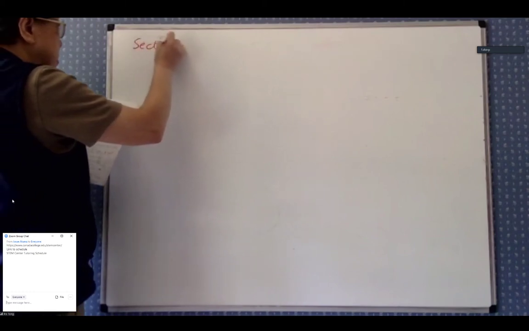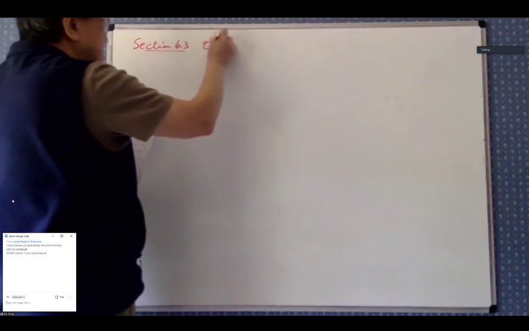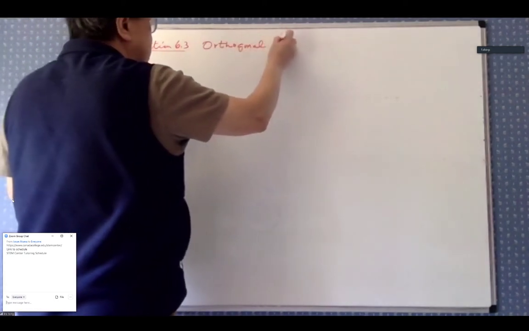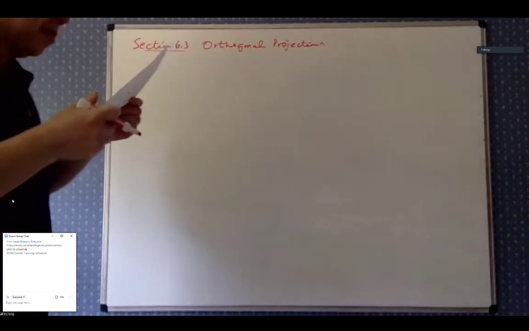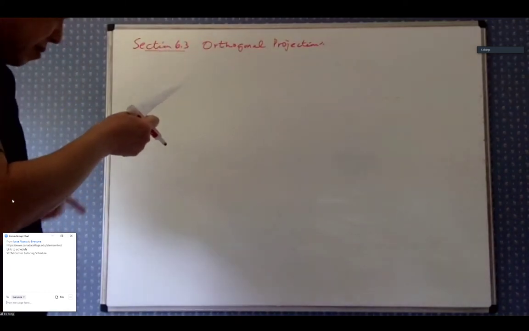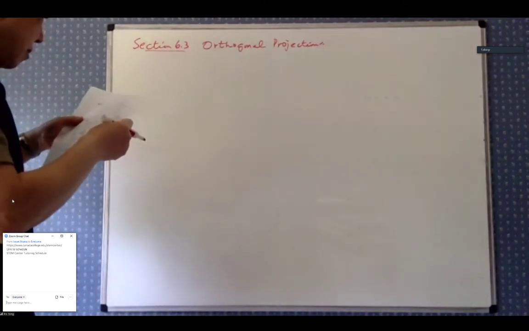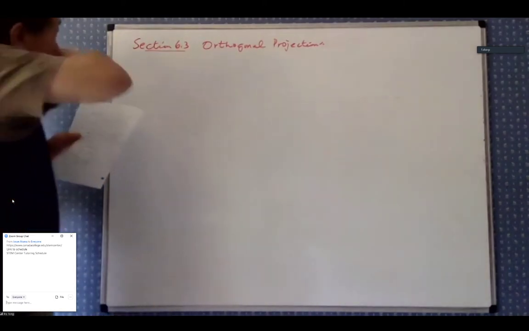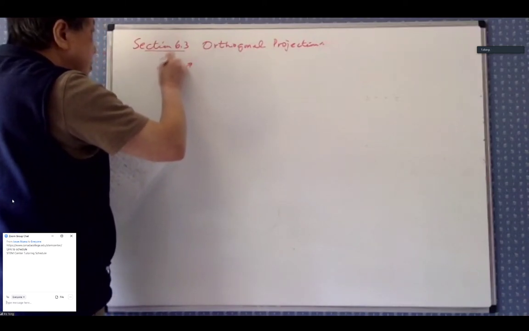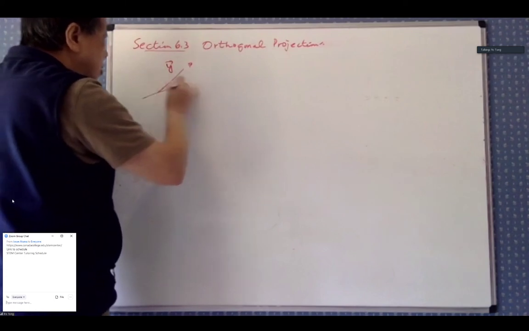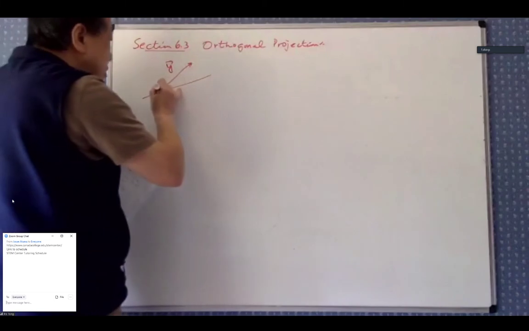We are doing section 6.3. Last time we talked about how you have a vector and you project this onto a line.